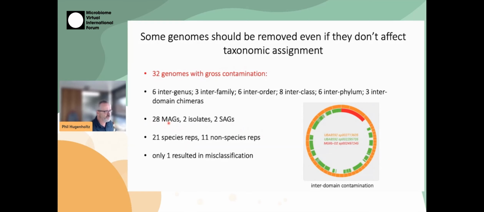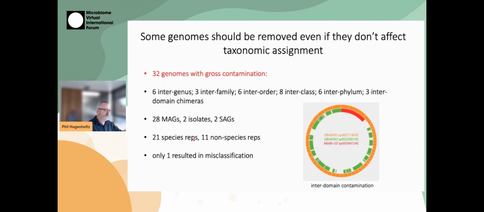28 of the 32 were MAGs, 2 isolates, and interestingly, 2 SAGs, because SAGs are often held up as a way of making sure that you have very clean genome assemblies, but I'd say even SAGs can be contaminated with, say, reagent contaminants, what have you. And of these 32, 21 of them were species reps, so that's important.